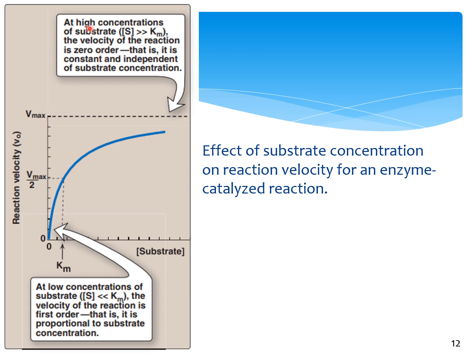So at high concentrations of the substrate, that is when substrate is much greater than Km, the velocity of the reaction is of zero order. That is, it is independent of substrate concentration. We keep on increasing the substrate concentration, the effect of substrate concentration on the velocity is following zero order, a hyperbolic curve.